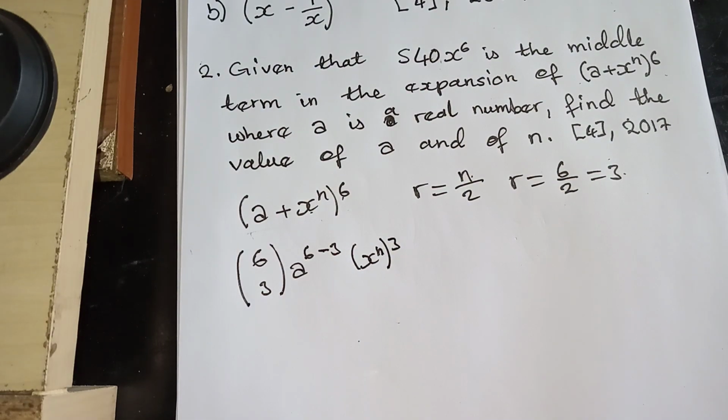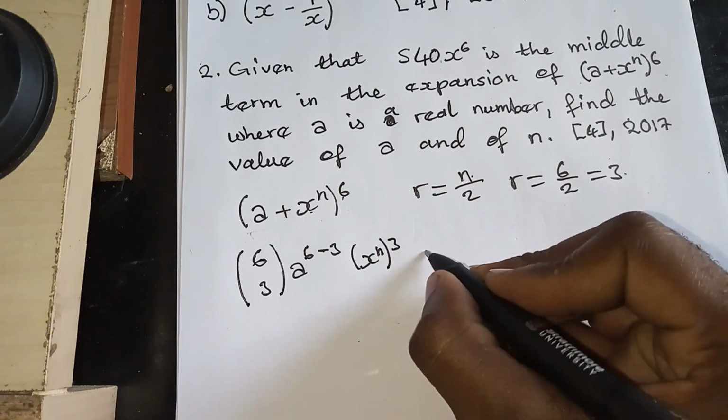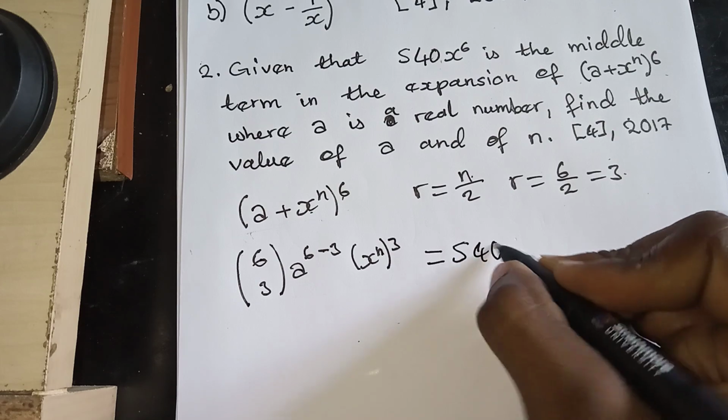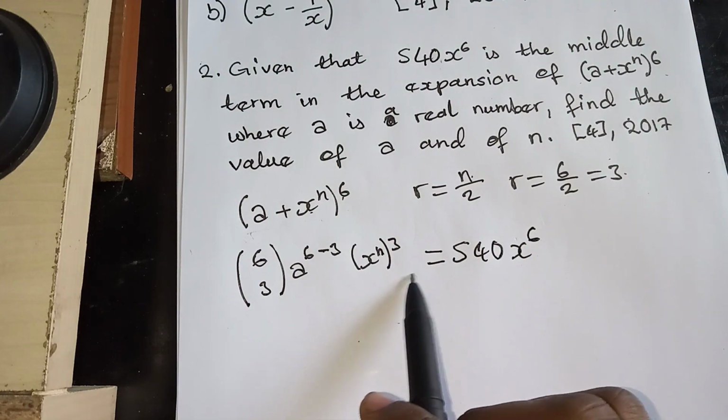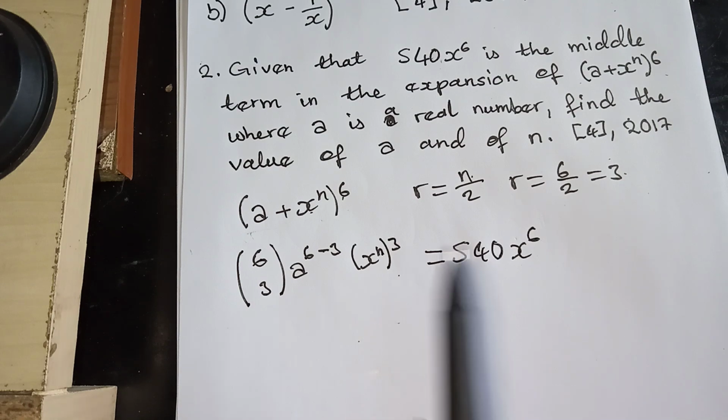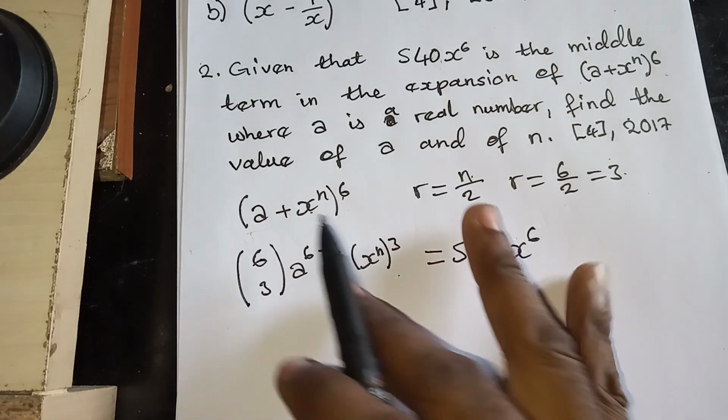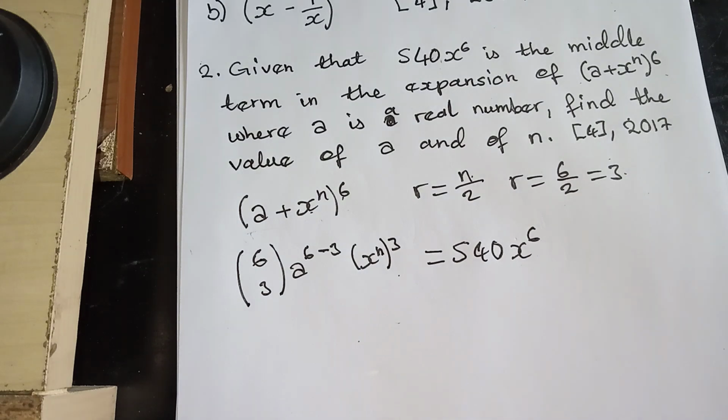So this is that. So now we are told that this term is equal to 540x to the power 6. So you can start by finding this, and then whatever you find, you equate it to this, or you can do it like this. So now 6 choose 3.